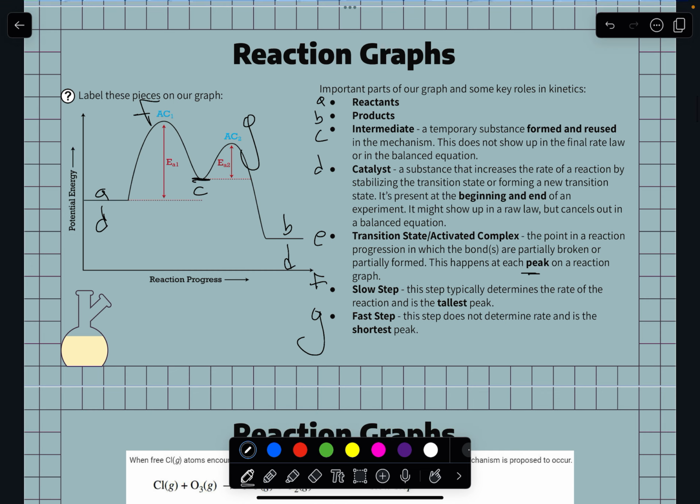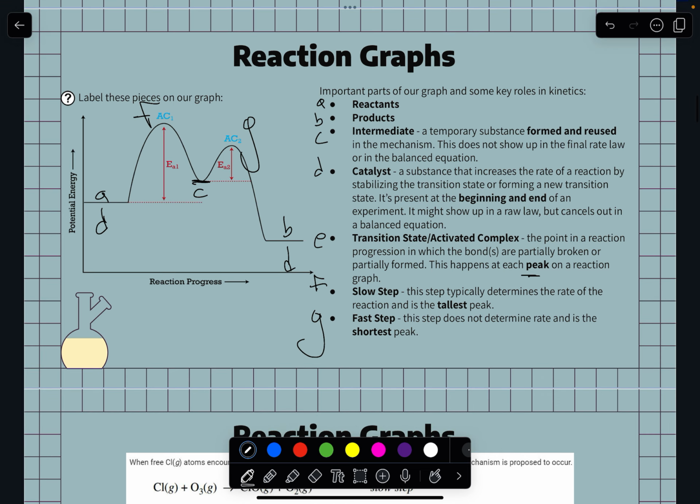Just as a note for the slow step and fast step, when we say the tallest peak, we're not talking about how high it is on the y-axis. We're talking about the activation energy. So you'll see here from the reactants to AC1 and then from the intermediates to AC2, that is the distance we're looking at. From the reactants to AC1, that activation energy is going to be larger.